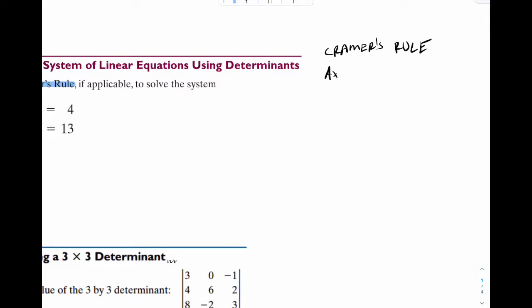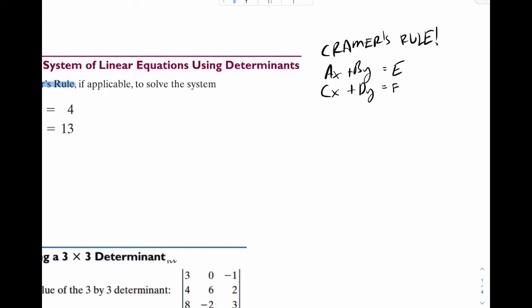So here's a generic system: AX plus BY is equal to E, and then CX plus DY is equal to F. So basically, Cramer's rule is going to utilize this determinant into three pieces.